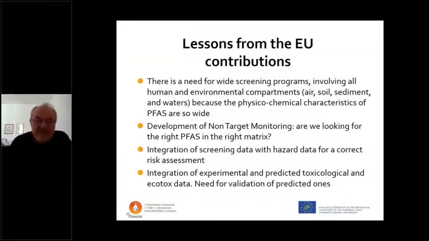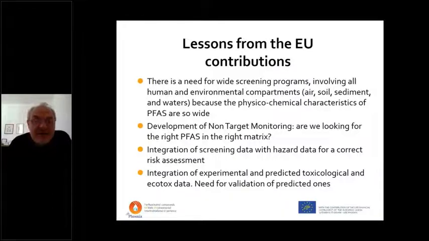I only say that it's very important to manage the PFAS problem, have ongoing wide screening programs, because if you find PFAS in Veneto it was because we have a screening program across Italy.